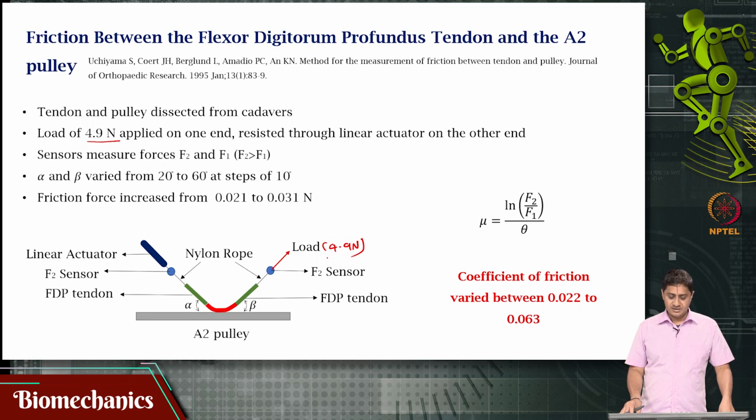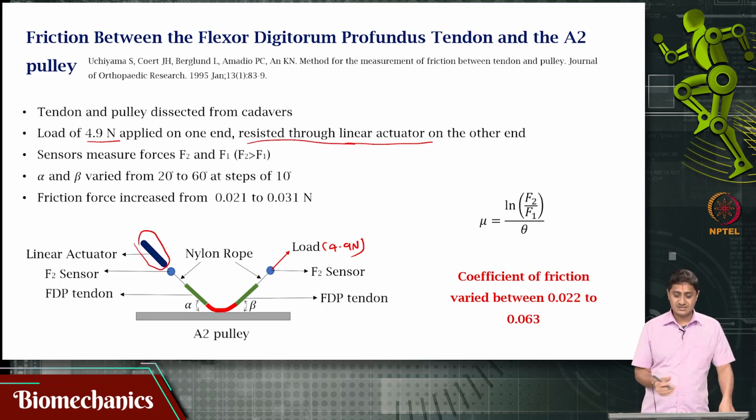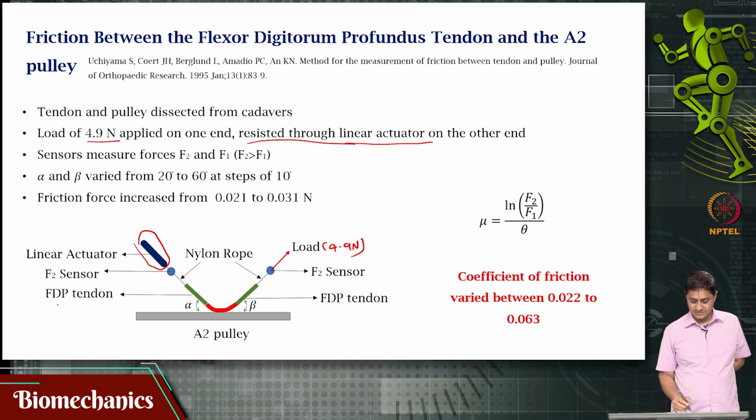On the opposite end a linear actuator is resisting this force. This is the linear actuator. And there are two force sensors in series with this arrangement, F1 sensor and F2 sensor.